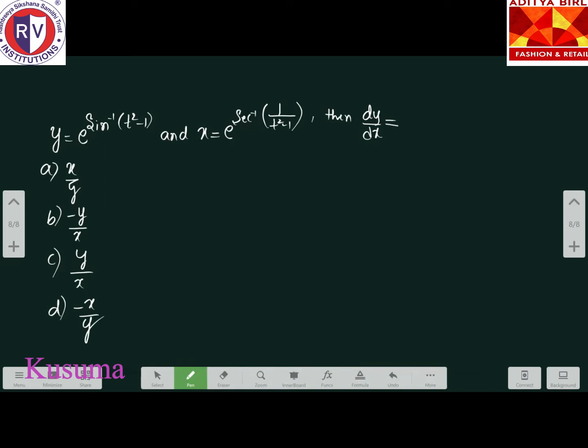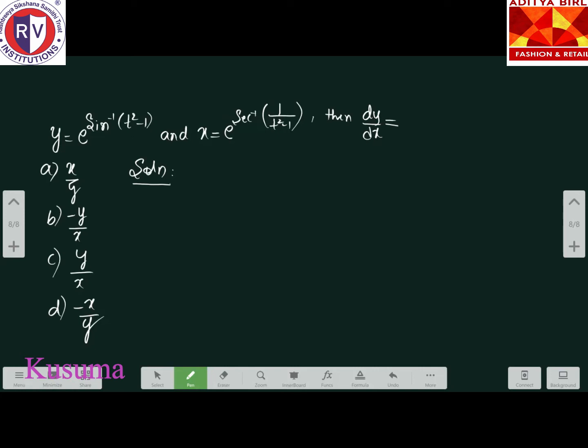So can anybody tell me what method can be used here? dy by dt and dx by dt, since y is a function of t and x is a function of t. But that is a lengthy process, right?